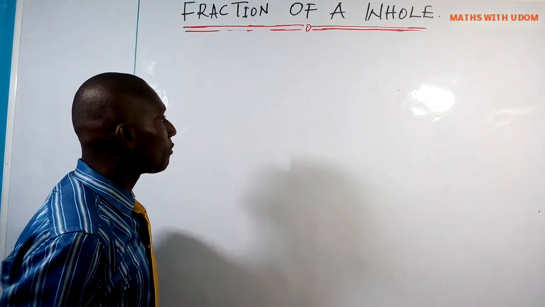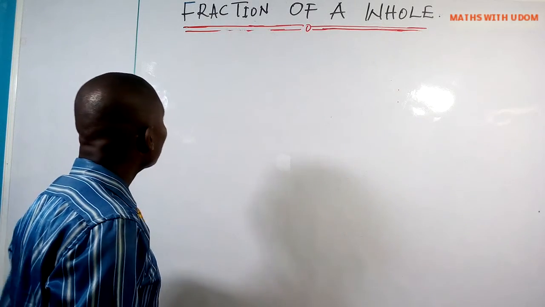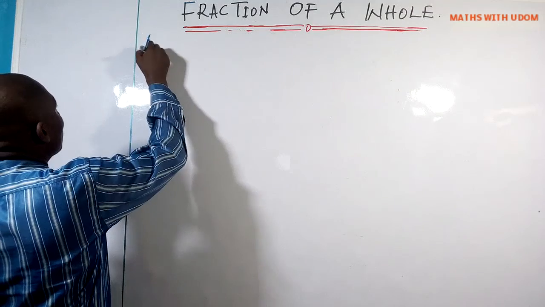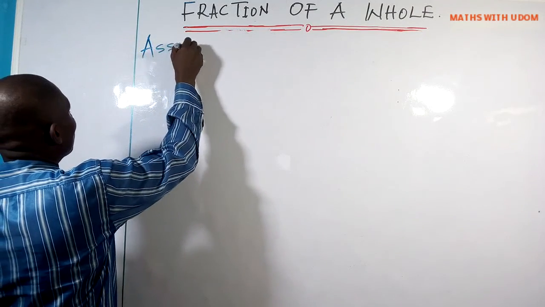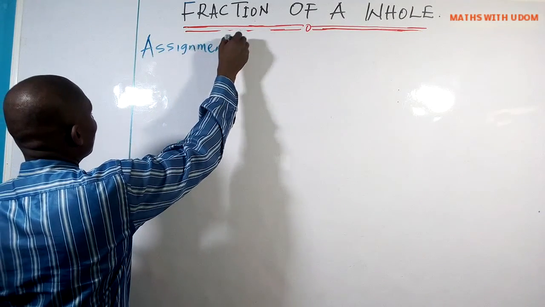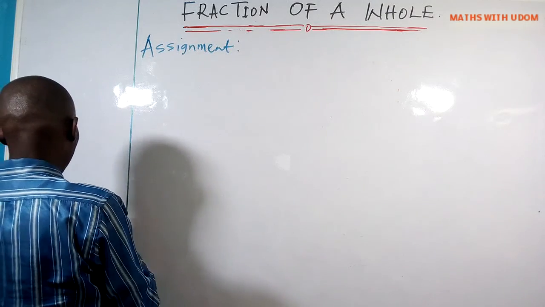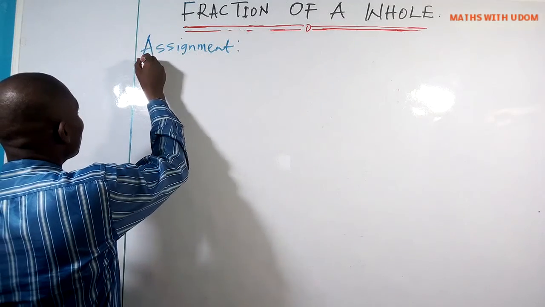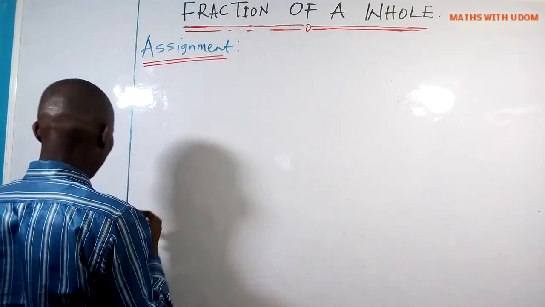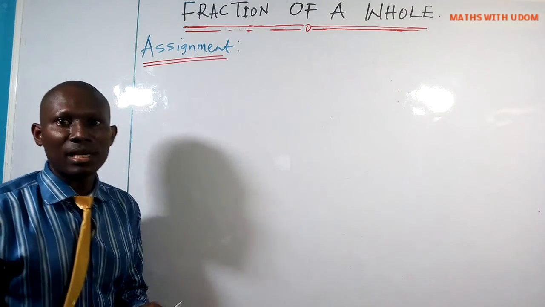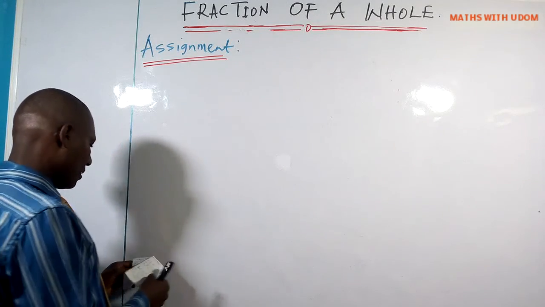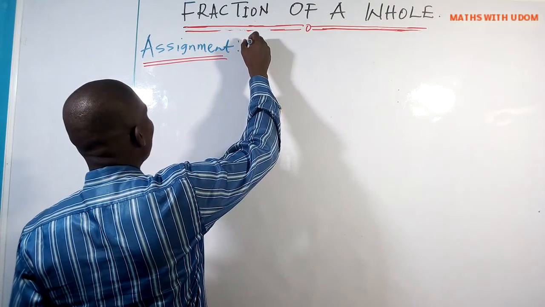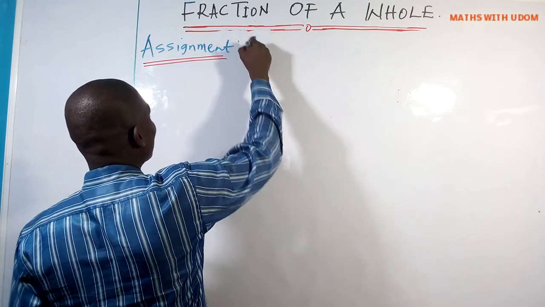Let's take the assignment. The assignment says we have two assignments here. So we have assignment number 1.